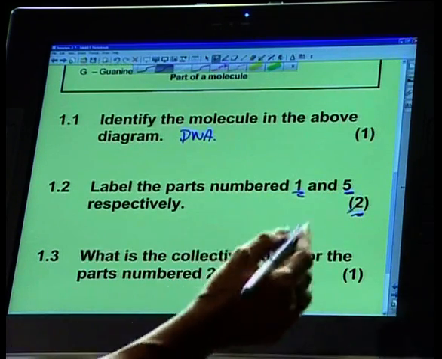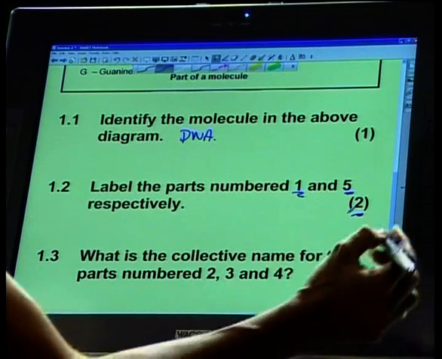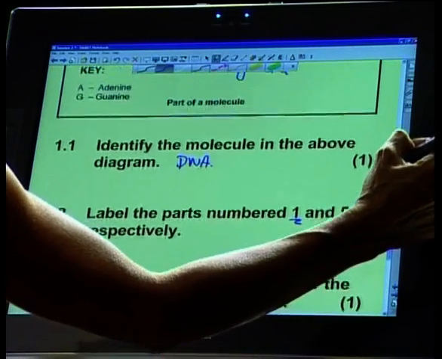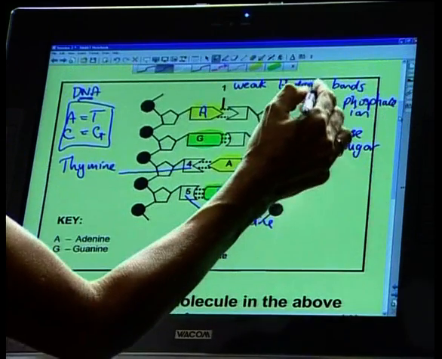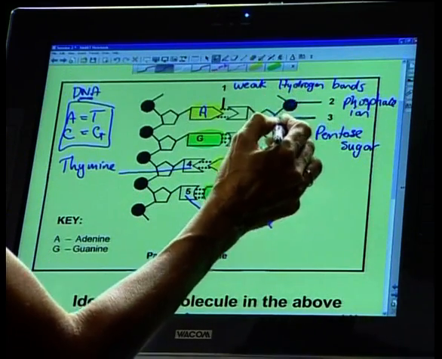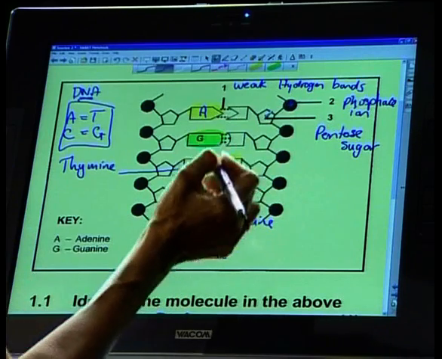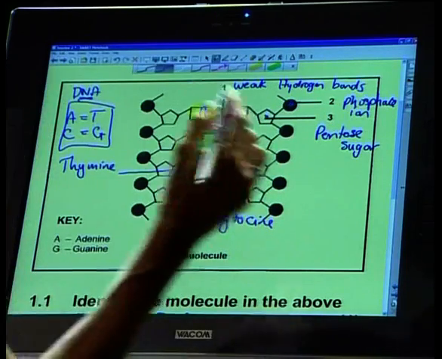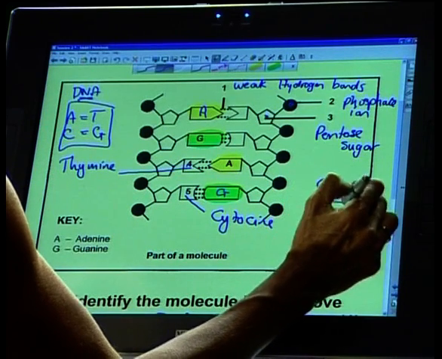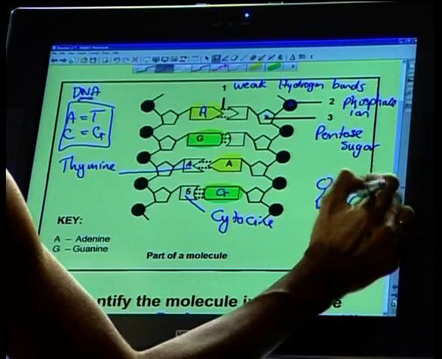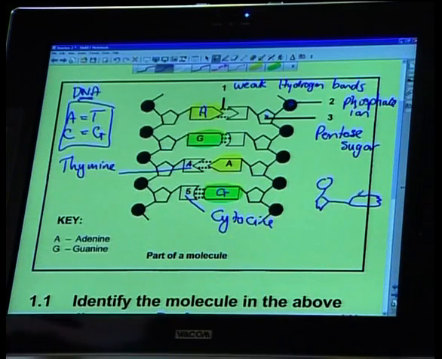What is the collective name for the parts number 2, 3, and 4? So if we look here, 2, 3, and 4. What they're asking you for is a building block of DNA. And what is that building block called?